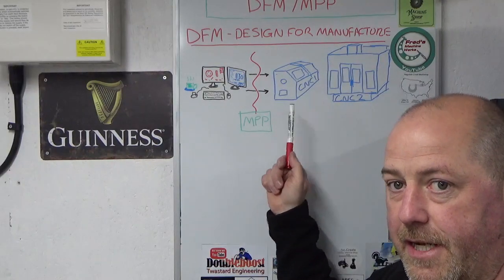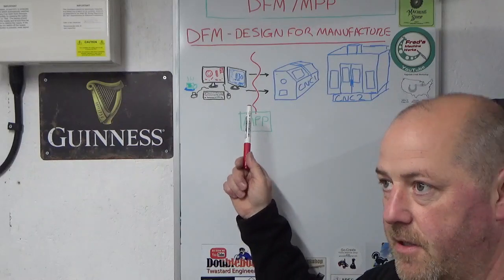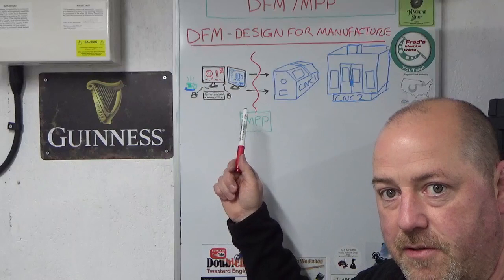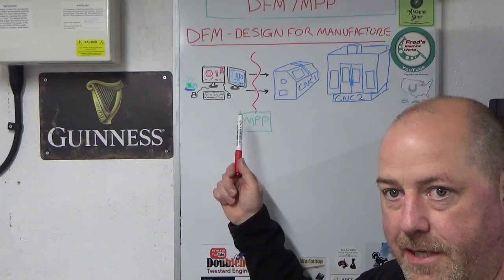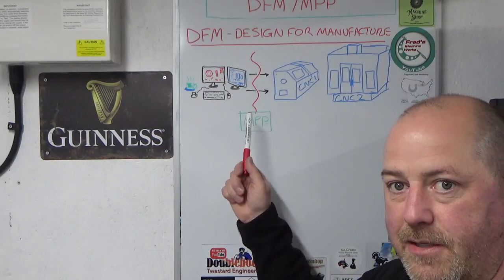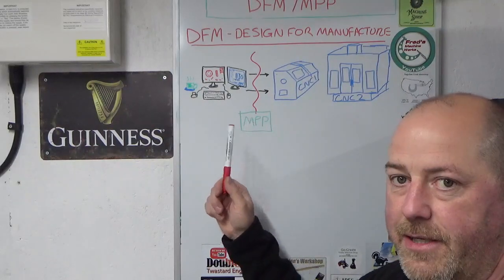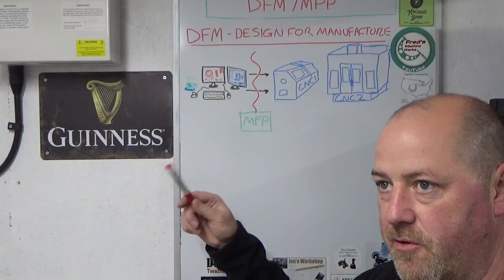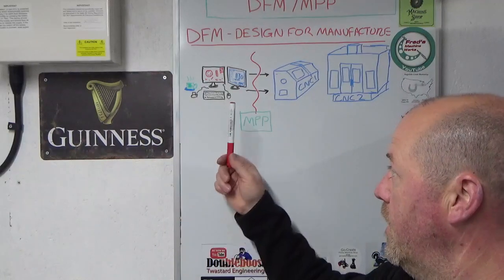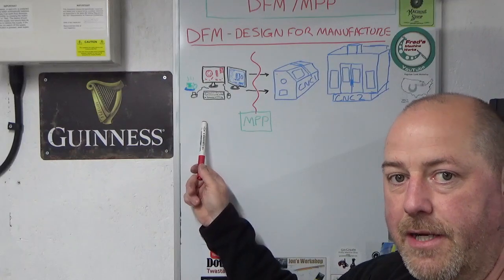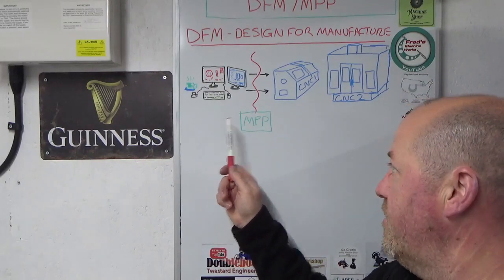He doesn't understand access constraints, length of tools required, access to difficult features, clamping techniques, work holding techniques, different tooling available, things like that. He's got some ideas, and typically in large companies there'll be some design rules that you follow, but largely he's unaware of the actual implications of what he's designing and how easy it's going to be to manufacture.